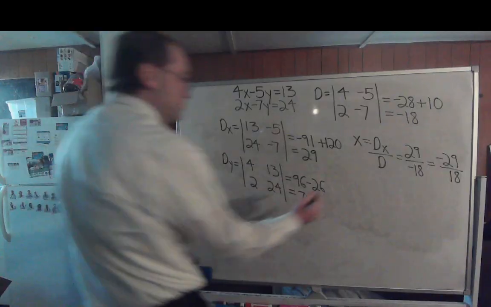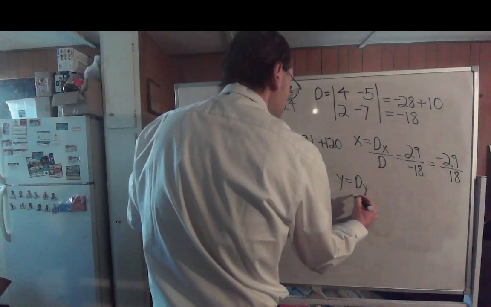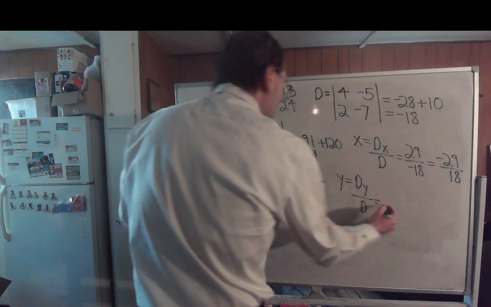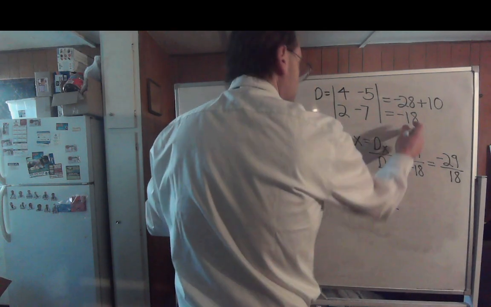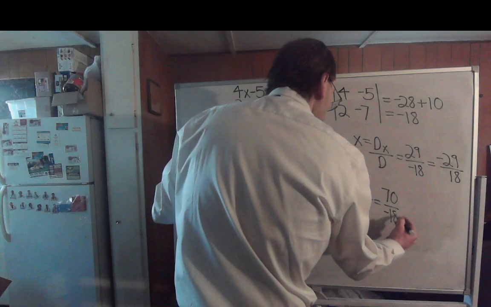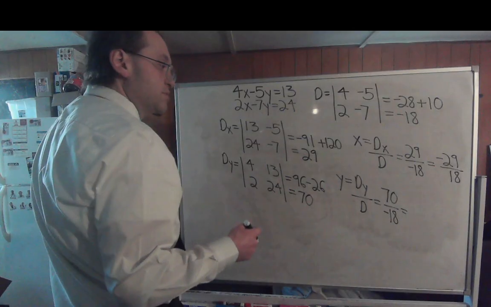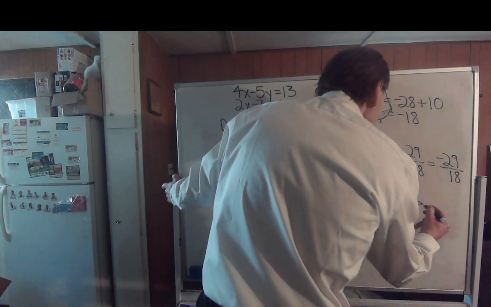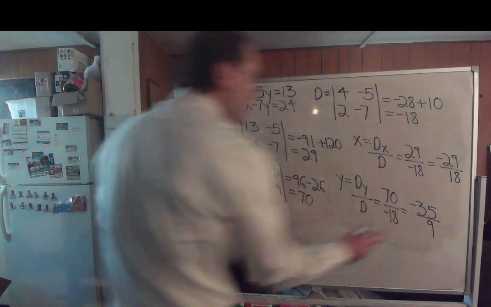Now we know d sub y, we can just find y by taking that d sub y and dividing it by d. Well, d sub y ended up being 70, and then the d is negative 18. Both of these have a common factor of 2, and the negative sign will come to the numerator. This would end up being negative 35/9 for your y.